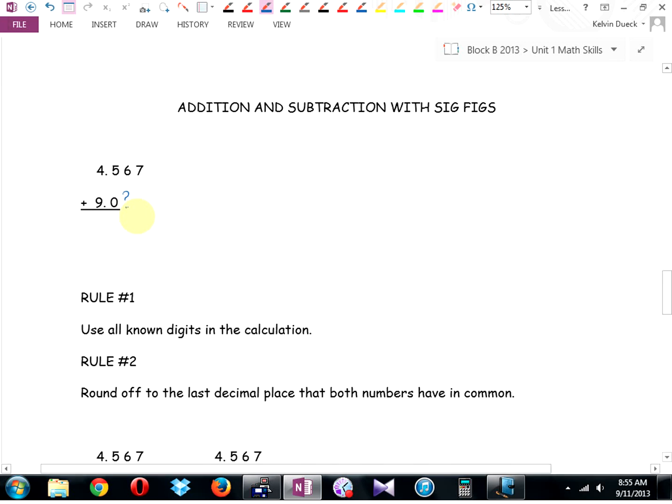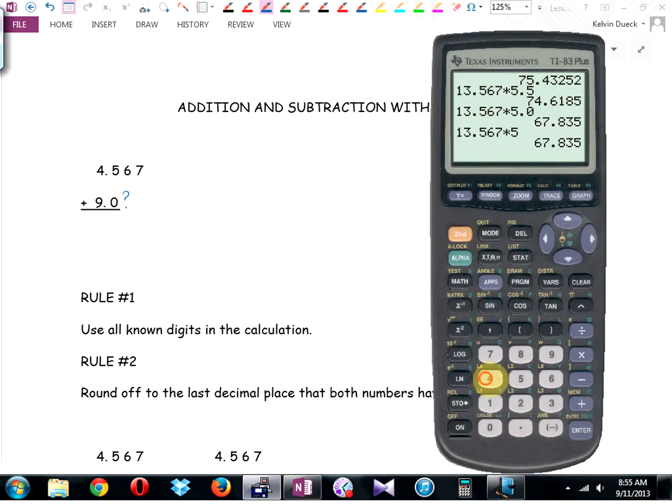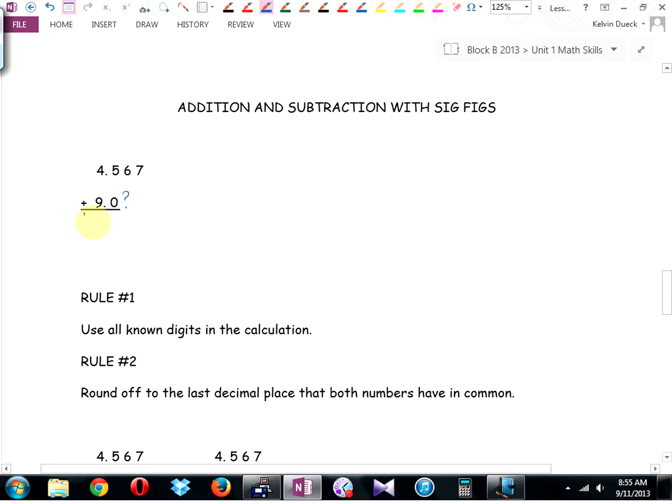I go to my calculator and I type in 4.567 plus 9.0, and I get 13.567. I'll write that out, keeping my decimal point lined up. 13.567.